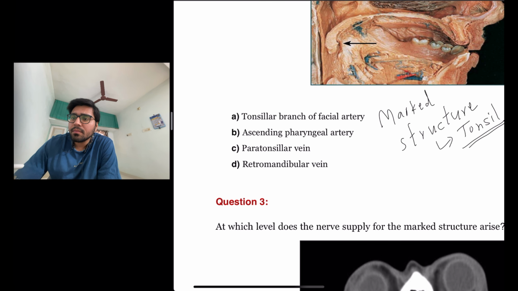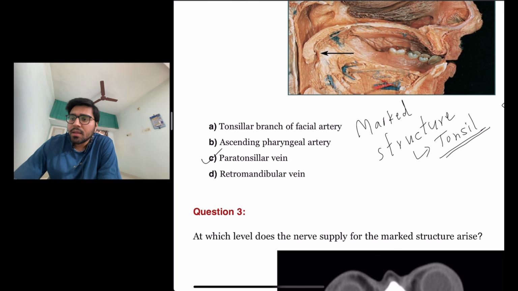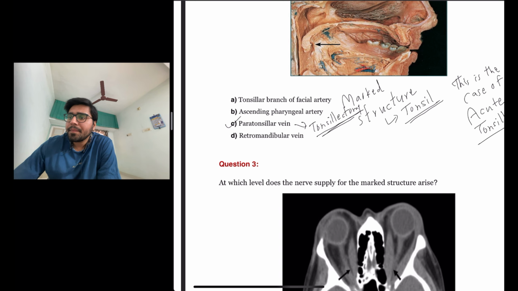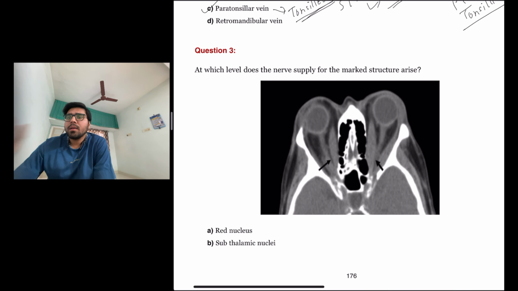So the most probable structure injured here is the paratonsillar vein during tonsillectomy. Okay, so let us move on to the next question.